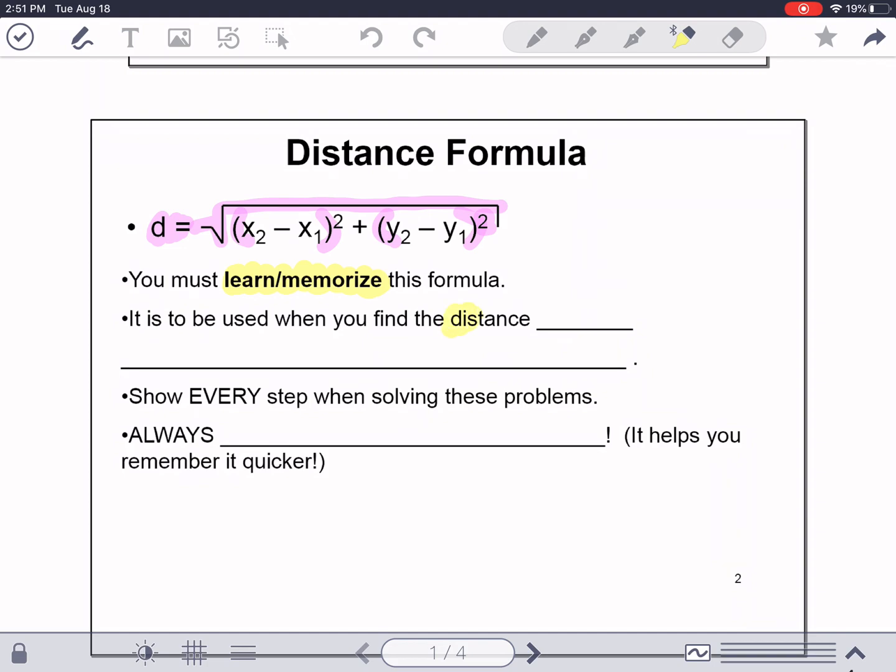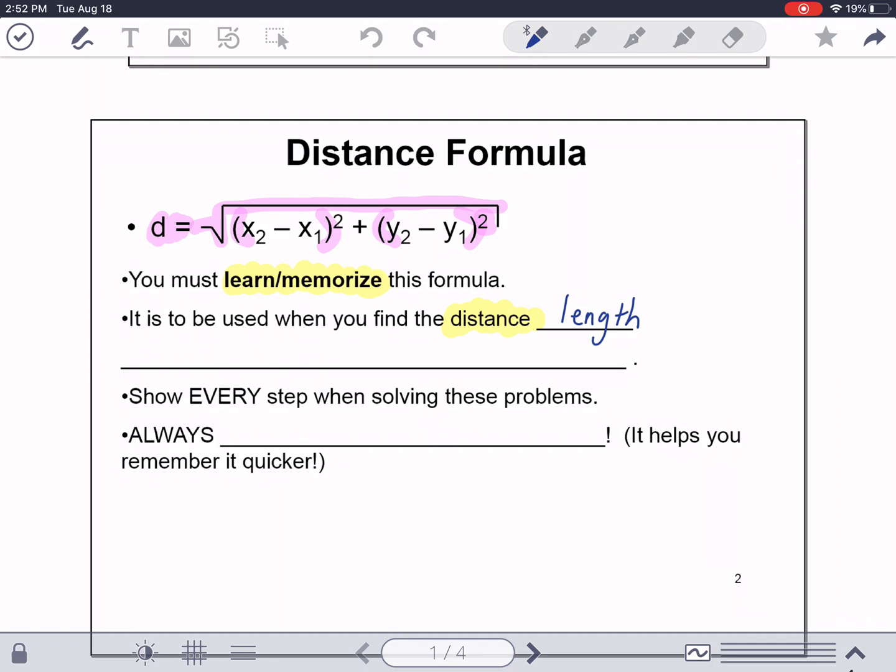What's another word for distance? How far away something is. A lot of the times it's going to be referred to as length. So in your problems, if you see the word length, you're probably going to have to use the distance formula.